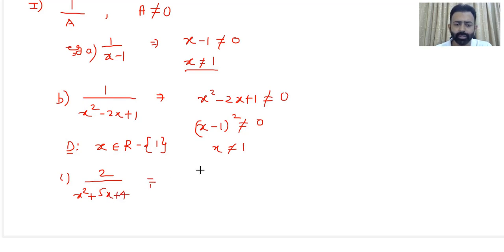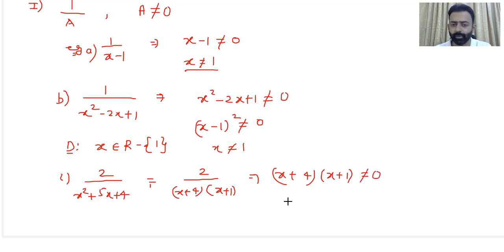Writing this as 2 by (x plus 4) into (x plus 1), it means that x plus 4 and x plus 1 should not be equal to 0 for defining the domain. That means x should not be equal to minus 1 and x should not be equal to minus 4. All the rest of the values are allowed. So we say that the domain is x belongs to all real numbers except minus 1 and minus 4.